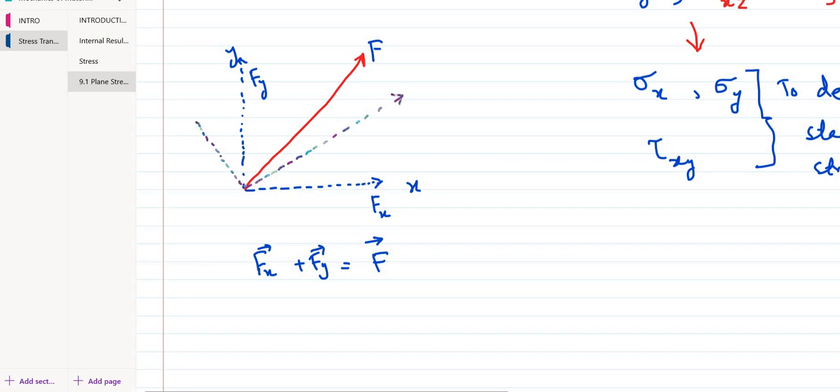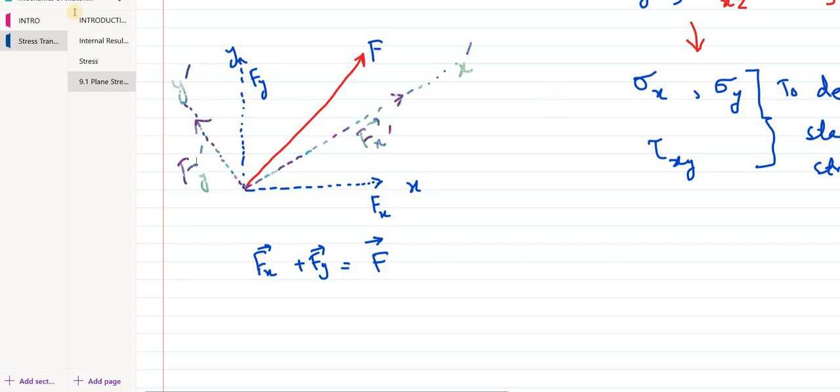In this case, if we name this new set of axes, the earlier we had x and y axis, maybe you can call them x prime and y prime axis. So in that case, you will be having again vector Fx prime and vector Fy prime. Let me change the color because this looks a bit difficult to figure out.